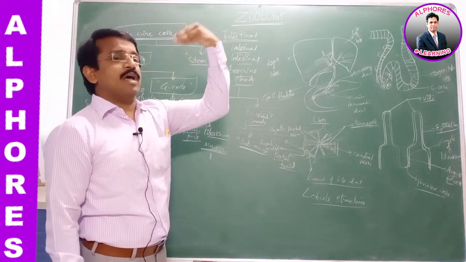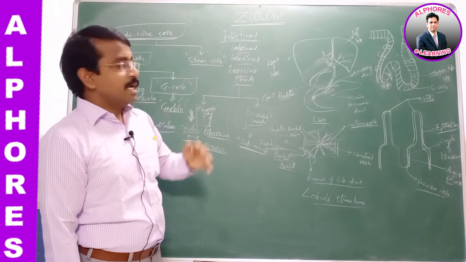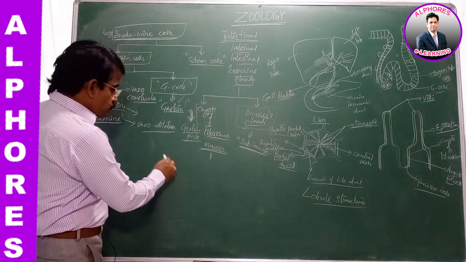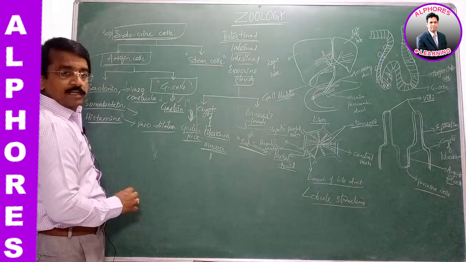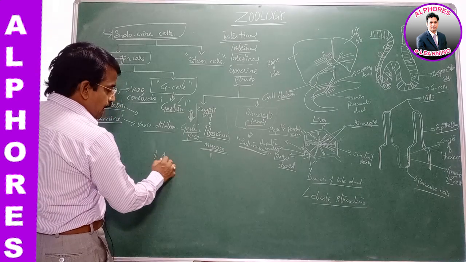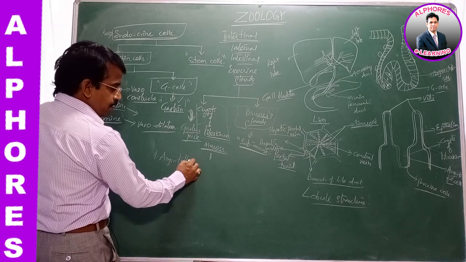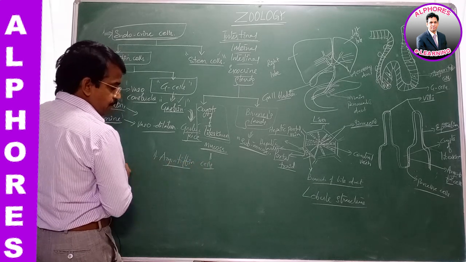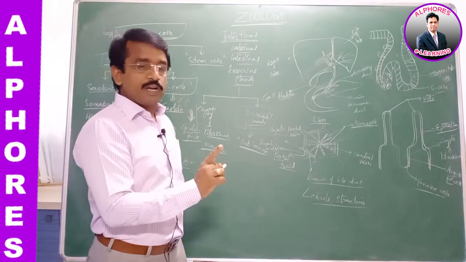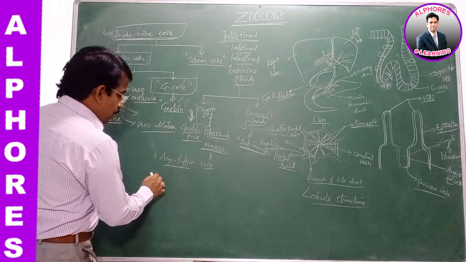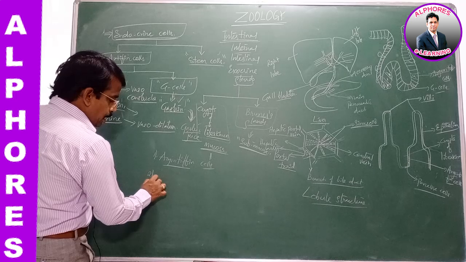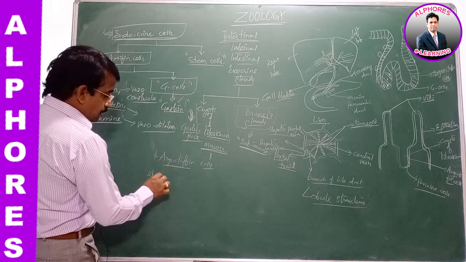In the same way, in the intestine there are two types of cells. One is named argentaffin. Just earlier we have seen argentaffin cells are present in the stomach as well as in the intestine. And one more is the Paneth cells.